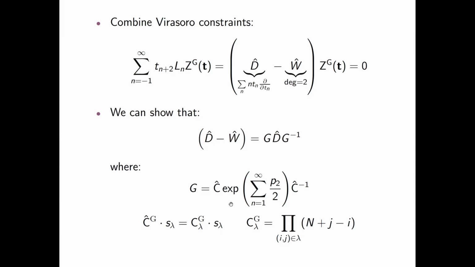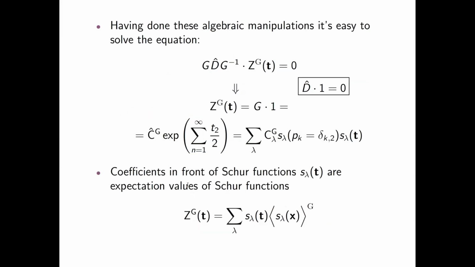And this is done by promoting this factor over here to an operator. There's an operator which I call C hat, such that it's diagonal on Schur functions, and its eigenvalue is exactly this product over here. So using this C, we construct an operator G, and then the whole equation turns out to be a conjugate of just the grading operator by this G, which in turn means that we can easily solve it.